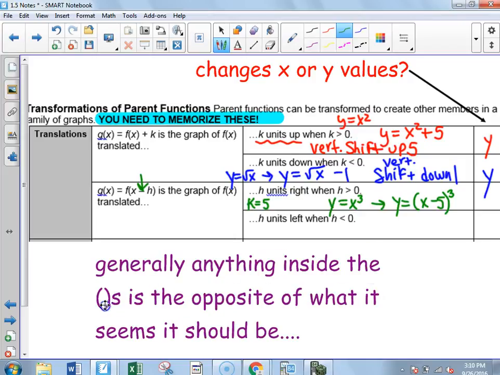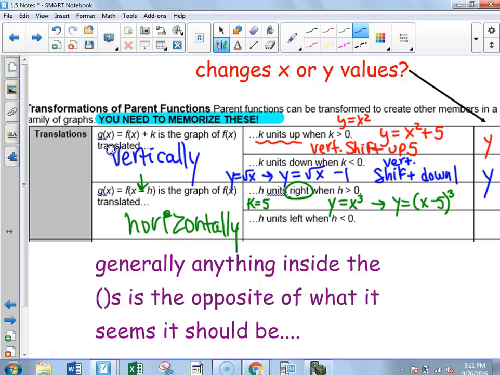Generally, anything inside the parentheses is the opposite of what it seems like it should be. Minus 5 seems like it should be going left, right? But it's going right. So this is a horizontal shift. Okay, these were all vertical shifts. And this one would shift to the right 5, so it would change x values.